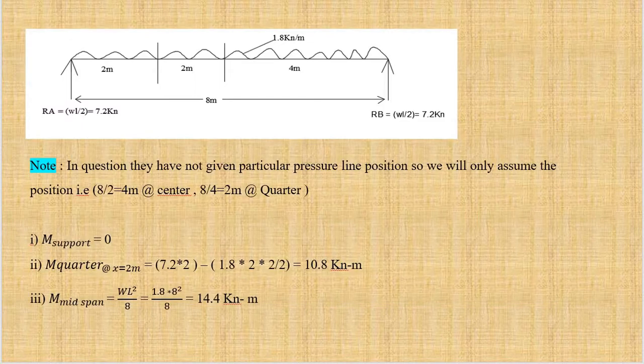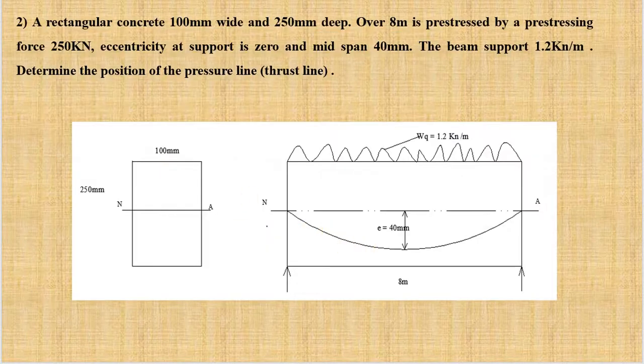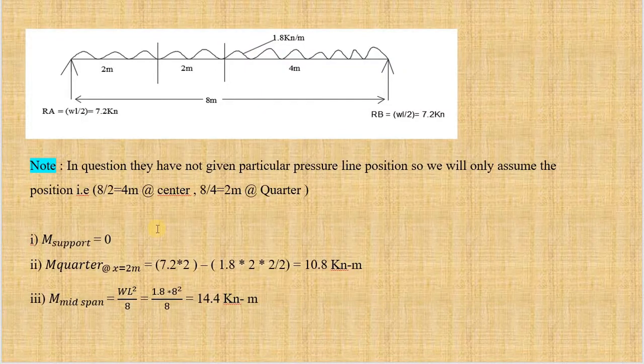This is the procedure for a curved bar. Here you can see I have written a note: in the question they have not given a particular pressure line position, so we will only assume the position.